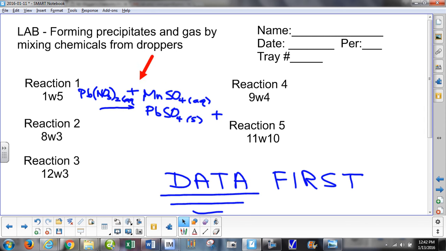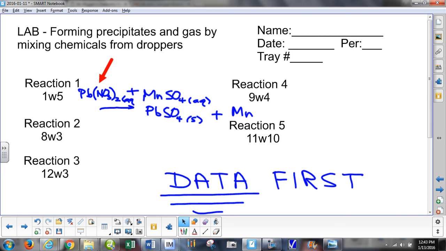You'll notice that the first guy in every molecule that is polyatomic is going to be a positive ion, and we always write positive ions first. So we've got manganese, and the manganese here is a 2 plus because sulfate is a 2 minus. Okay, we know it has to be. And this manganese dude is one of those transition elements.